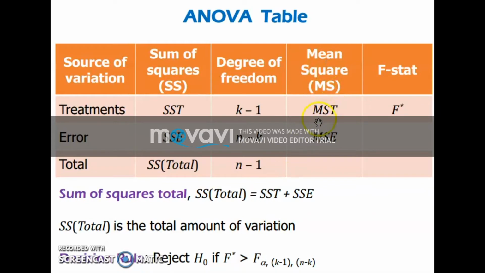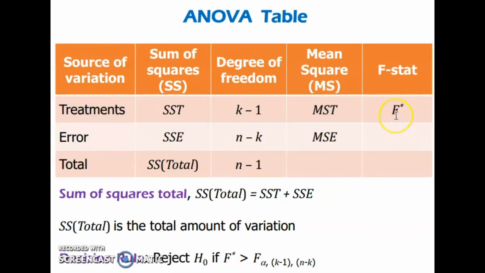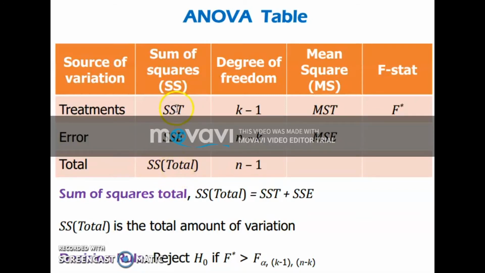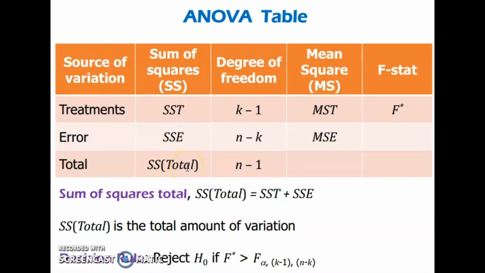And we have the columns for the mean square of treatments, the mean square of error, and the F statistic. We will calculate SST and SSE, and if we add them up, we get SS total. If you look at this row, adding this plus this gives you SS total.